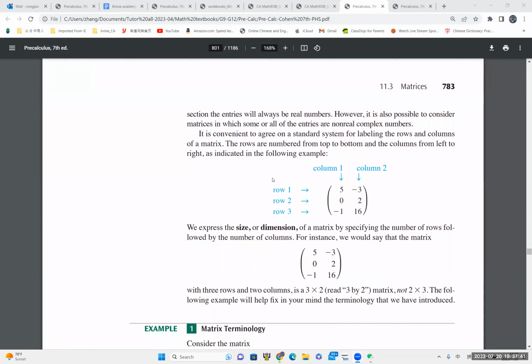Okay, then we call these rows. How many rows? Row 1 to row 3. How many columns? The number of rows is not necessarily the same as the number of columns. They can be different.